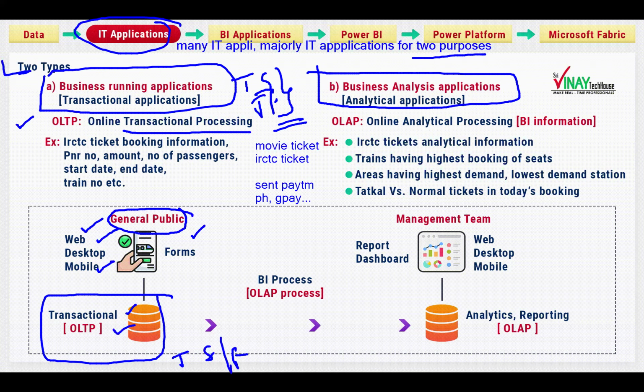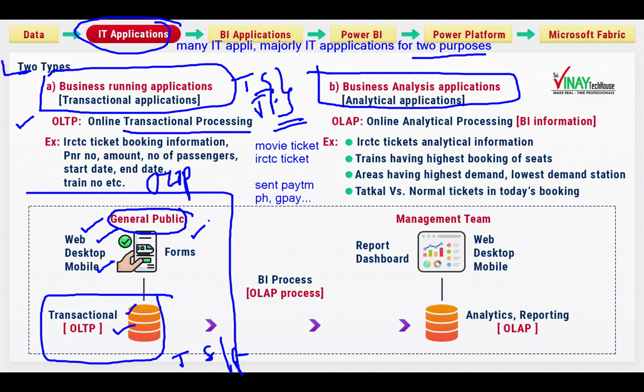What do you call it? Transaction. And this complete process comes under transactional process, OLTP. You are not involved practically, but as an end user, you are using OLTP applications. In our mobile, we have at least 5 to 10 transactional applications nowadays.